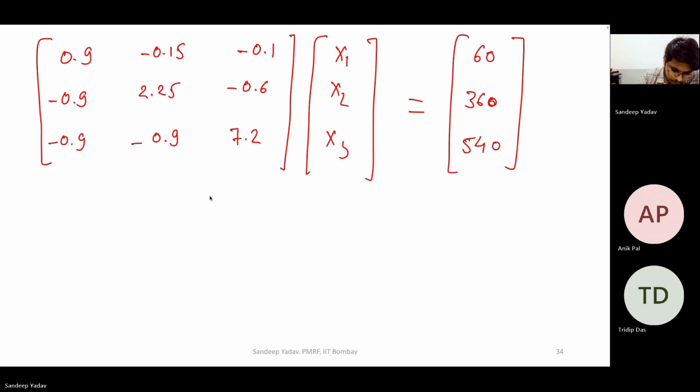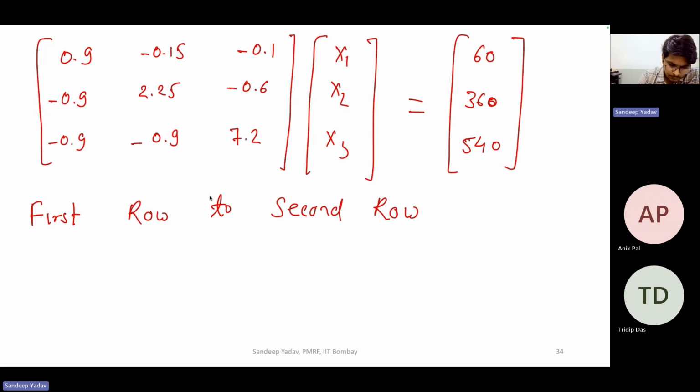Now we're adding the first row to the second row, and the first row to the third row.